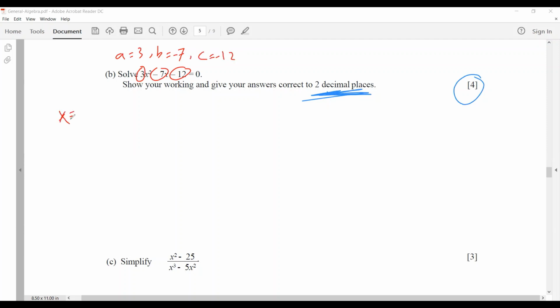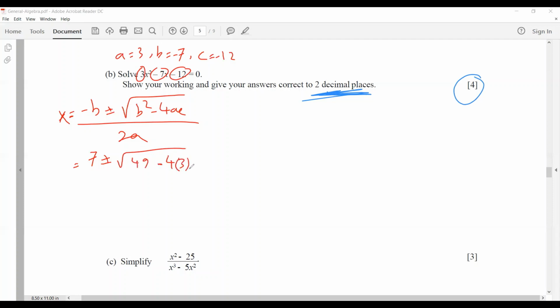And you know the formula says that x1 and 2 is basically -b plus minus square root of b squared minus 4ac divided by 2a, right? And you substitute everything. -b, b is already negative. When you negate it, you get +7 plus minus b squared, 49, minus 4, a is 3, c is -12.